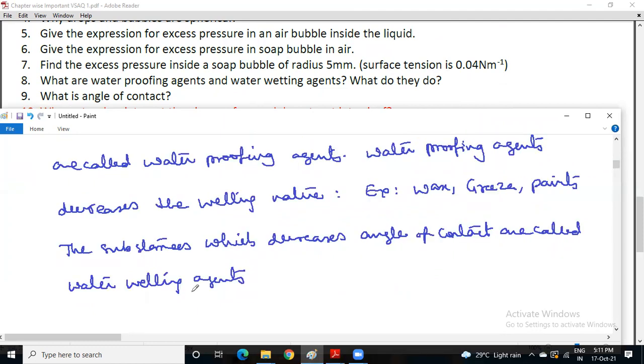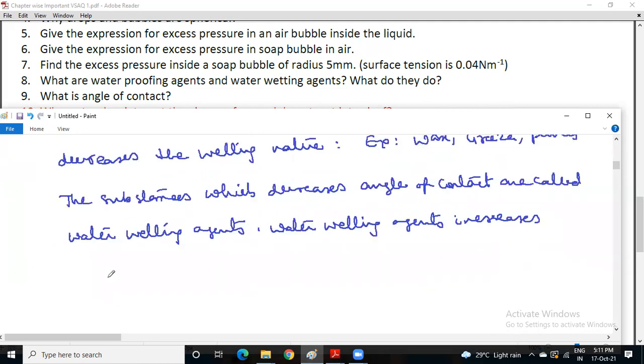Water wetting agents increase the wetting nature. So examples are detergents, let us say surf. So these are the water wetting agents. Let us move to the next question.